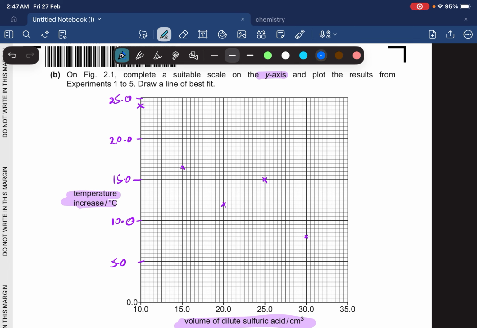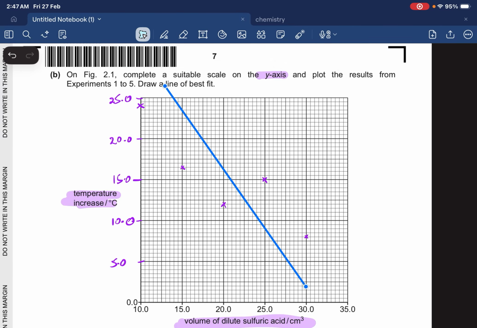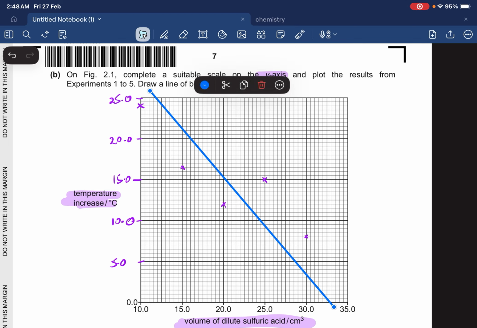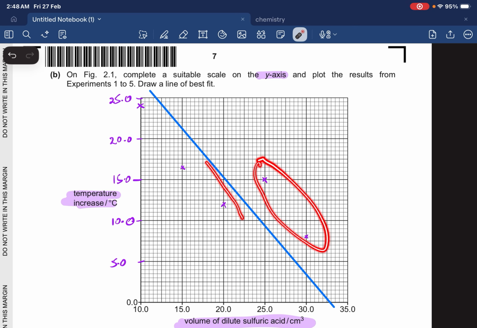So how do I draw a line of best fit with such results? Just make a line in the center, I guess, something like this. Because half my results are here, half my results are here. I guess that's going to be the case.